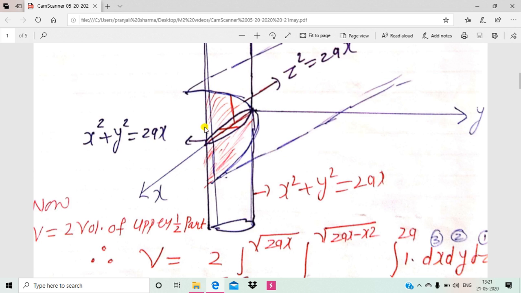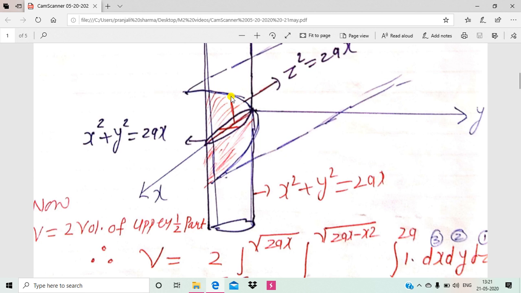To get this upper part, we first find the limits of z. We make a strip parallel to the z axis, and the limits of z will be found in 3D. This will be the lower limit of z, which is on the x axis, so the lower limit of z will be 0, and the upper limit touches the parabolic cylinder whose equation is z square is equal to 2ax.